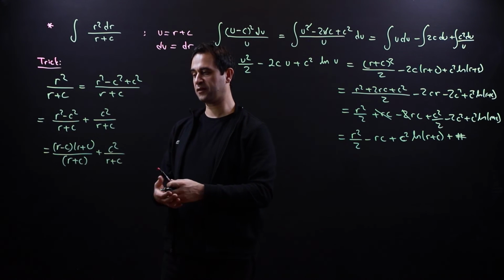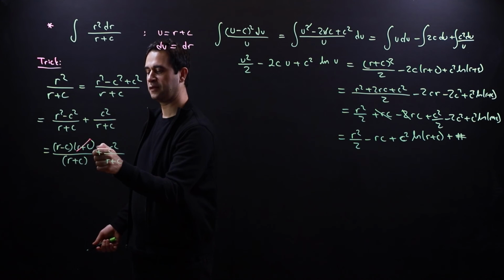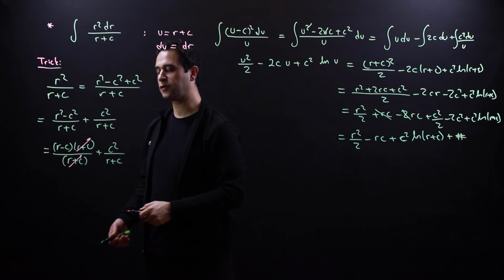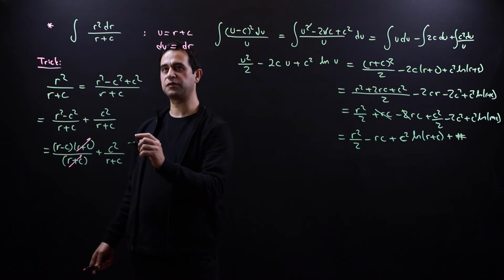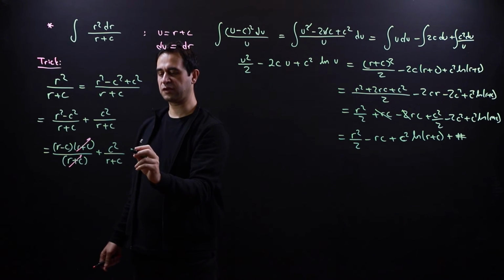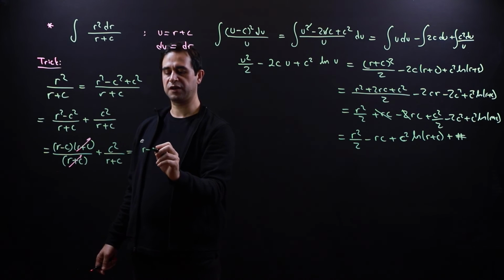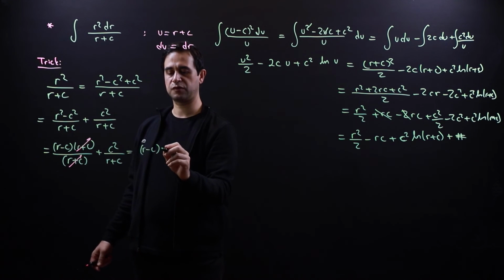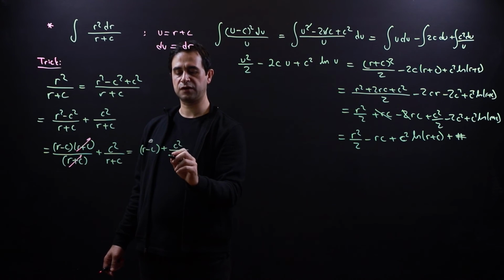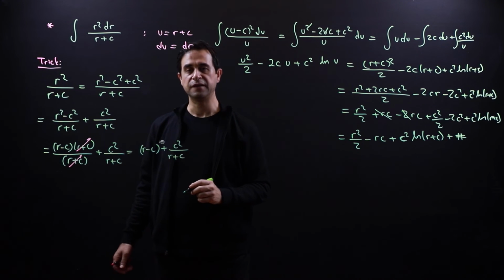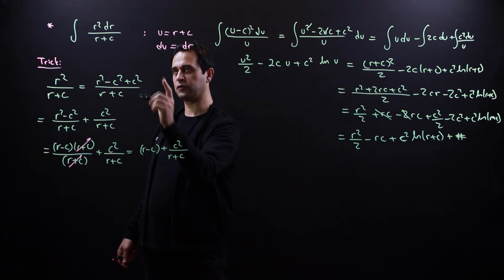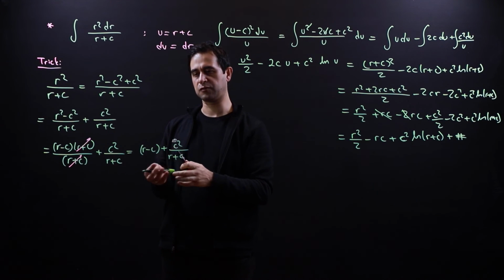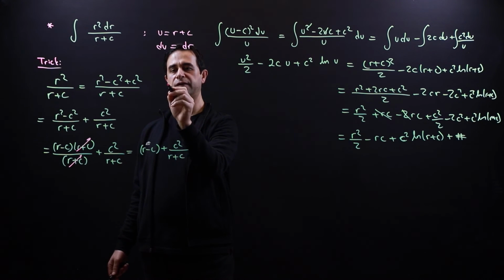Now you can see there is a nice cancellation, as I just said. R plus c terms cancel each other, right? And all of this expression becomes r minus c, which is this term, plus c squared divided by r plus c. Now it's a very easy integral to do, so let me now put all of that in here, and I'm going to write it with this pink color.